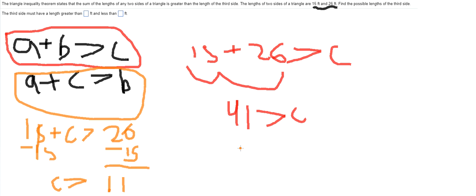And over here, C is less than 41. So the answer is the third side must have a length greater than 11 feet and less than 41 feet. That's the answer.